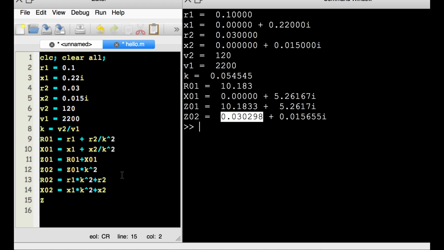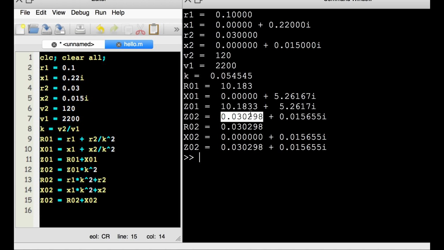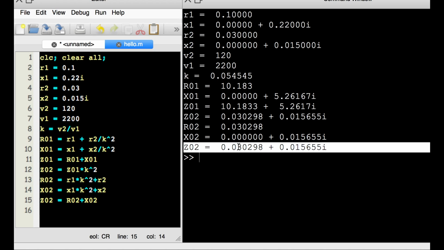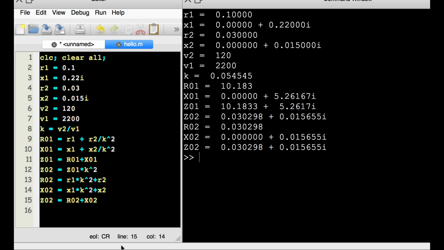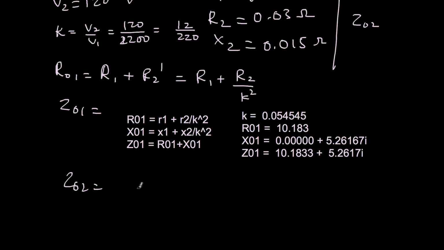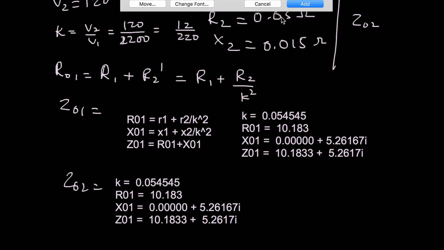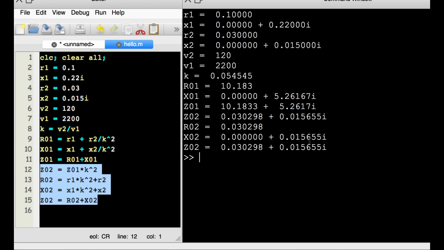And then I'll find Z02 is nothing but R02 plus X02. This is another way of solving it, a slightly longer way. Let's check whether we get the same answer. Again, you see this answer and this answer are exactly matching. So these are two different ways of calculating Z02, and this is my solution.